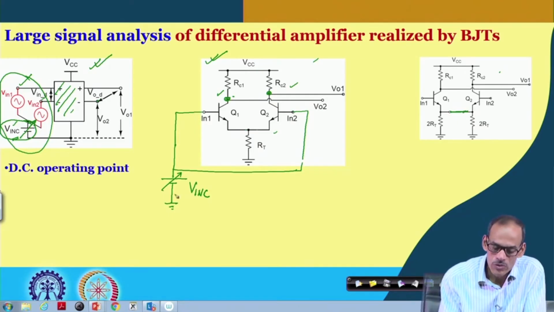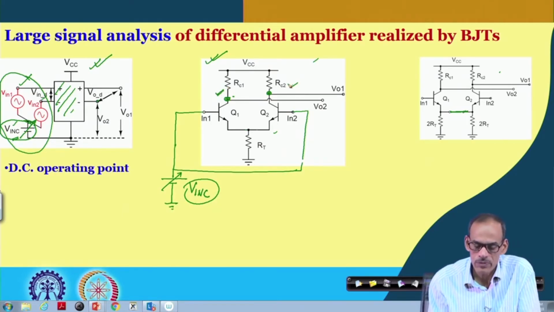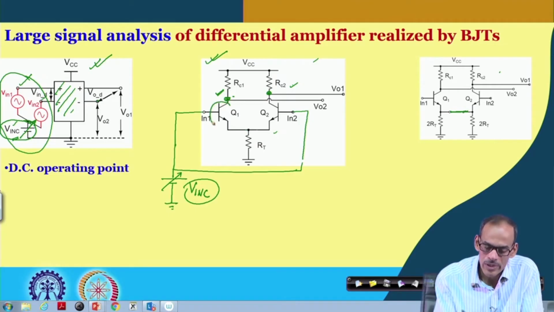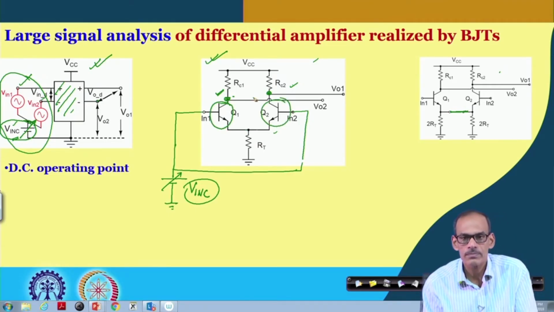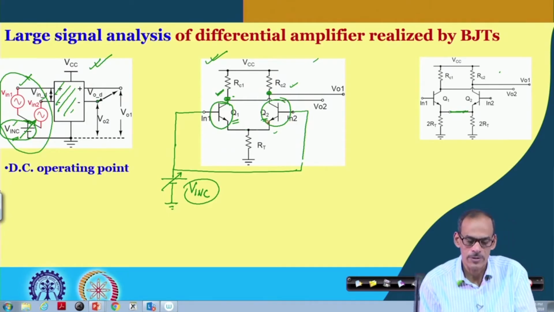Now, coming back to what we said, if I vary this voltage and then observe the voltage at the two outputs, definitely they are also defining the condition of transistor 1 and transistor 2. And for good operation of the circuit, we want both the transistors to be in the active region of operation.